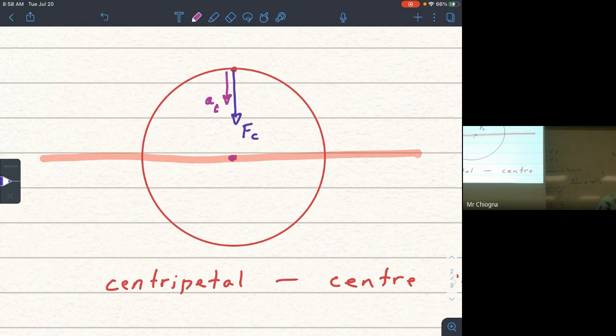So let's draw it at this point. I'm looking at this point now. Which way is the centripetal force? Again, towards the center of the circle. This is not cooperating with me, but that should be more pointed towards the center. But anyways, that's the centripetal force. Centripetal acceleration, same direction.